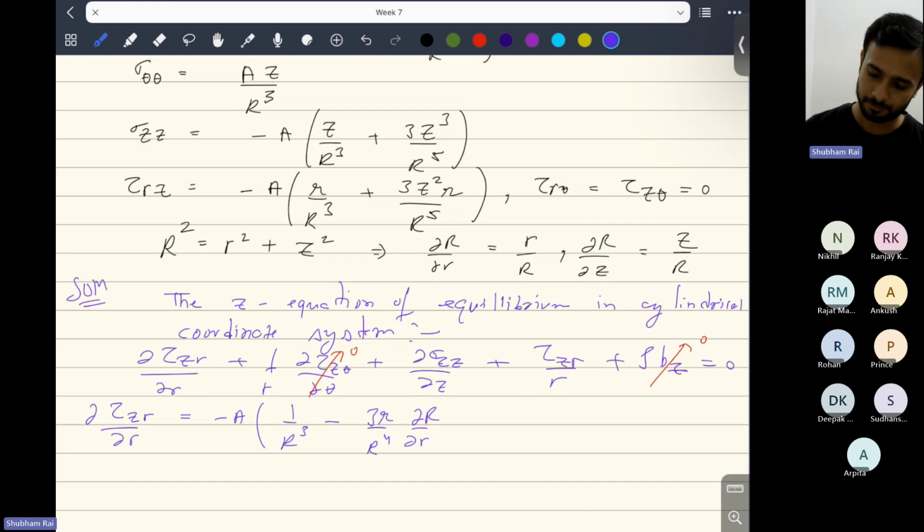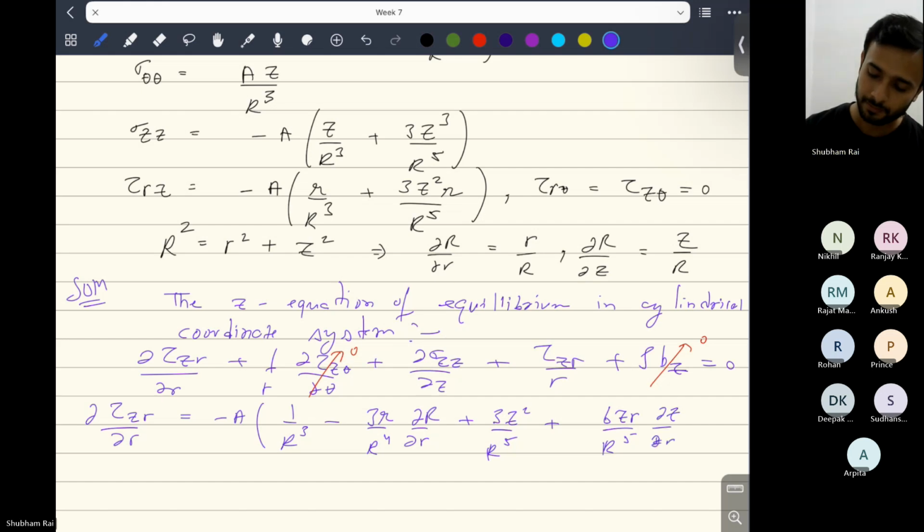Then you have the z term, so I apply the product rule again. We have 3z square, the differential of small r with respect to small r is 1, over R to the power 5. Then I keep small r as it is and differentiate the z square term with respect to small r, giving 6 z r over capital R to the power 5 times del z by del small r.